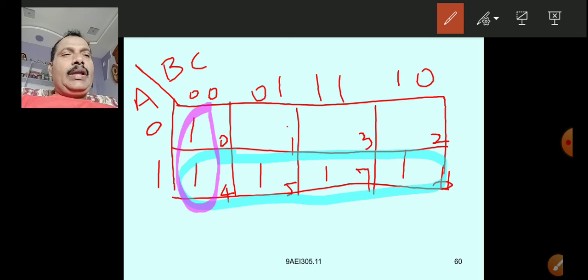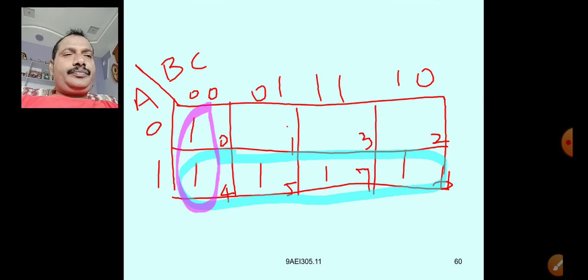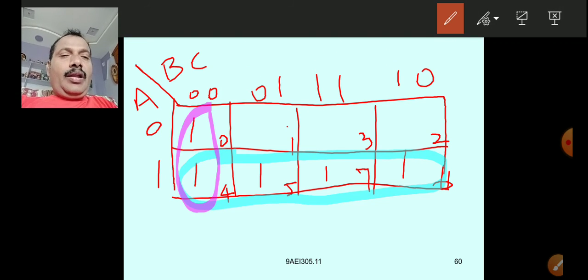Now let us write the simplified Boolean expression in one step. It is possible to write within a step. Now y equals to.